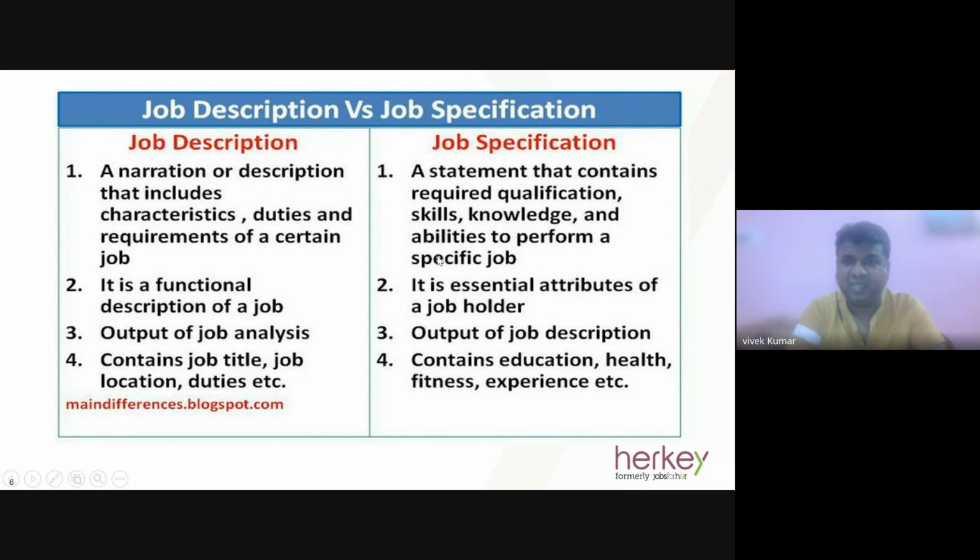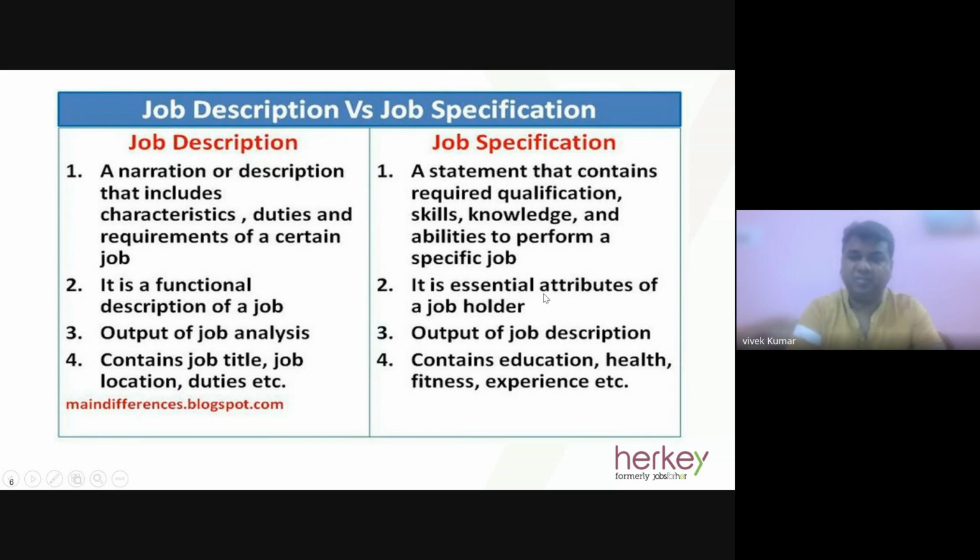Okay, and then you highlight certain specific things which are part of that. Now, a job description normally is the functional description of a job. As I mentioned, it talks about qualifications, skills, duties, and all that stuff. What you do as part of the job. While a job specification normally talks about some of the essential attributes of the job holder.